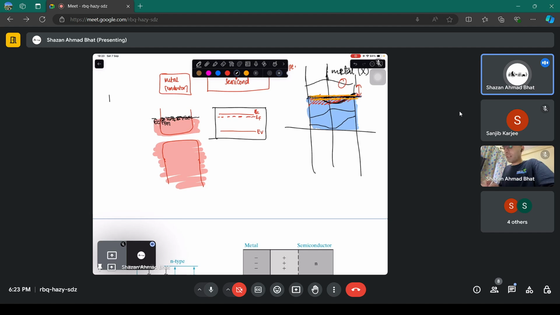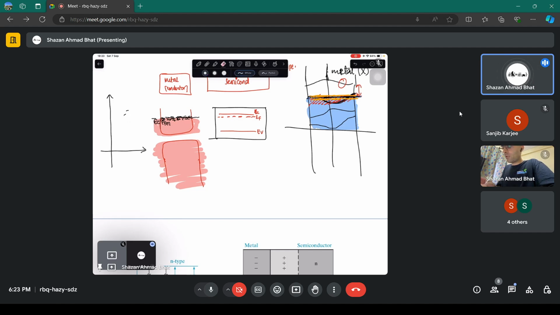So whenever you draw the density of states for any metal, you see that there are many electrons involved in the conduction. Sometimes s electrons, sometimes d electrons. These s and d are the orbitals of the electrons.